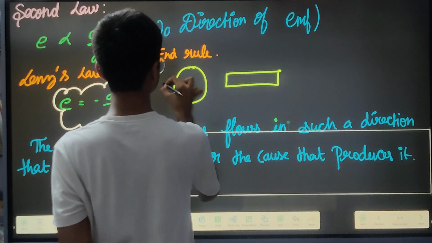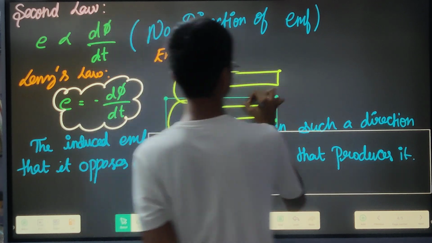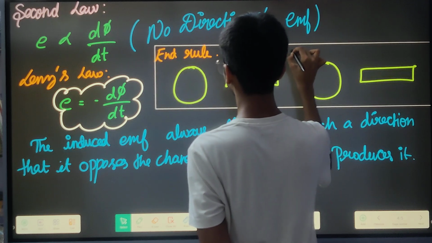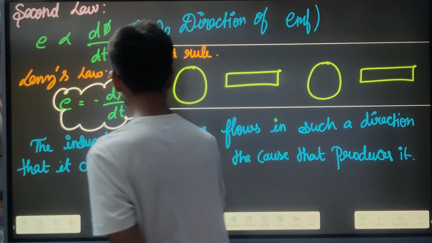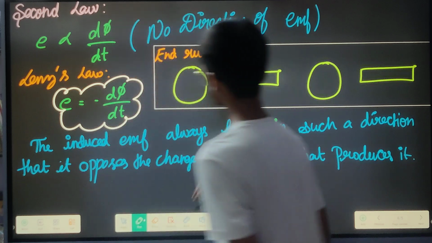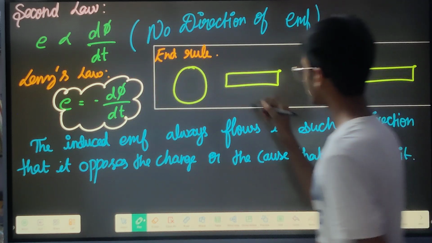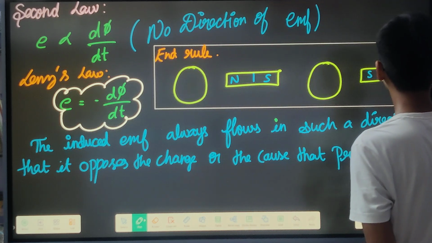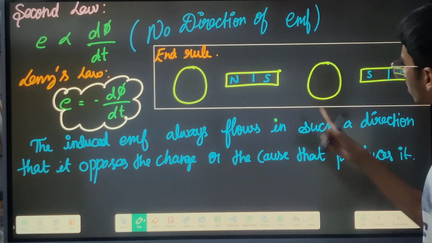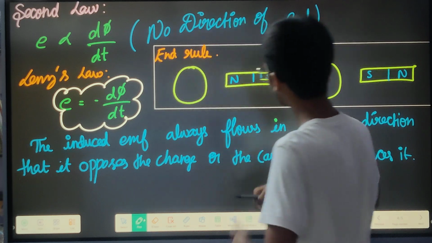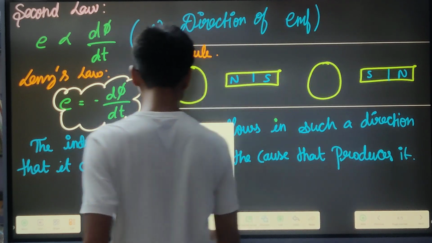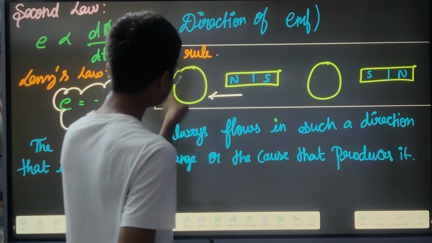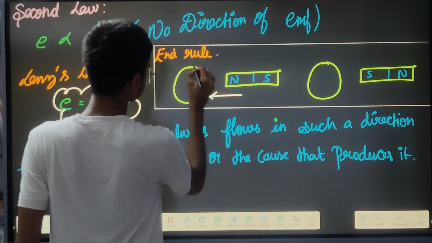For the end rule, for example, here you are having north pole, here south pole, here south pole, here north pole. Now you are bringing this in this direction. Then what will happen is it will be rotating like this.